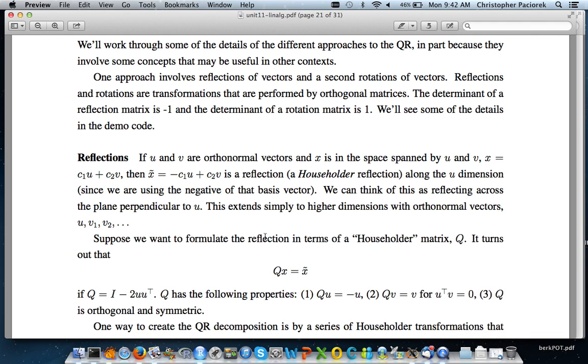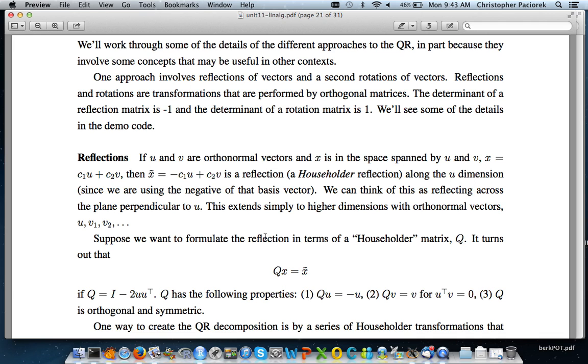So suppose I have some vector x here. And suppose I have basis vectors u and v that span this 2-dimensional space. So suppose this is u and this is v, that I've got this set of axes for the space.